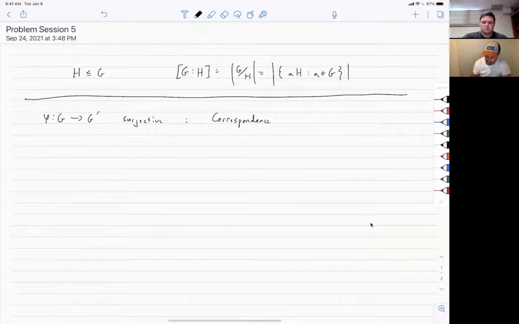I'll just rewrite it here so I can work with it. So it says we have two sets. We have the set of subgroups of G containing the kernel of phi. That's one set. And then we have subgroups of G prime.